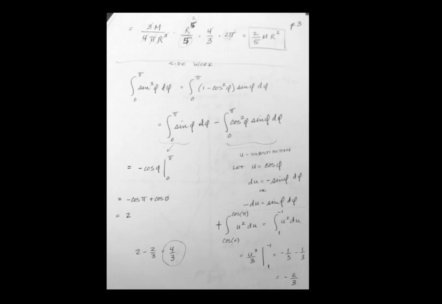The second part, do a little u substitution. You have to be careful of the signs here. But with that u substitution, you'll find that we've got a final value for this integral of 4/3, which is what's plugged in up top. So hopefully the work is relatively clear so you can see that.